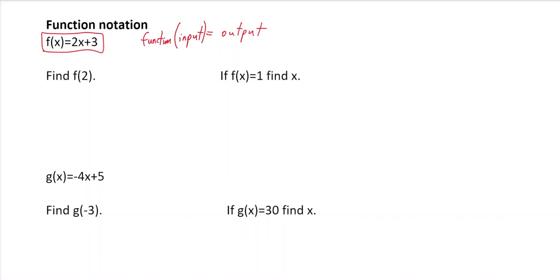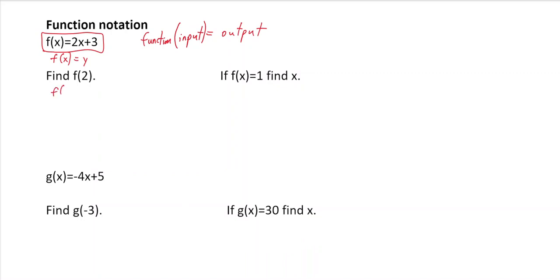Usually, the way we wrote it here, the 2x plus 3 is the output, which is kind of like saying the y value. So f of x is another way of saying y. The y value is the output. Okay, so find f of 2.